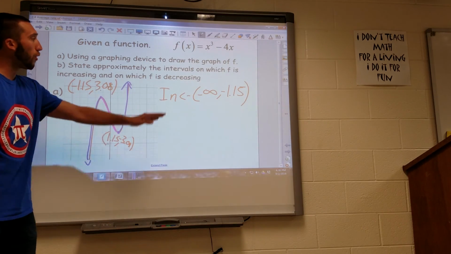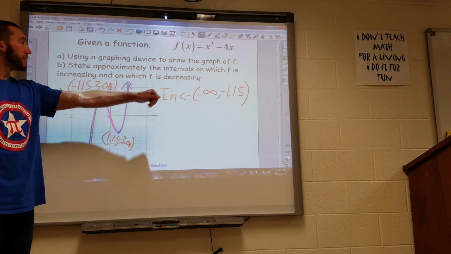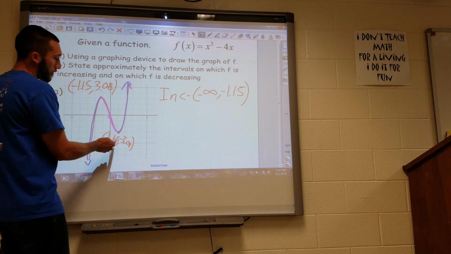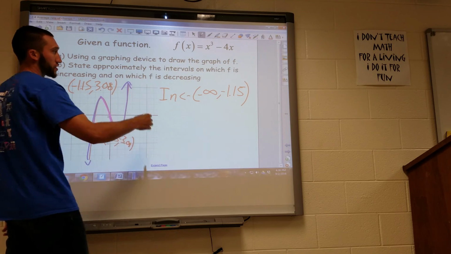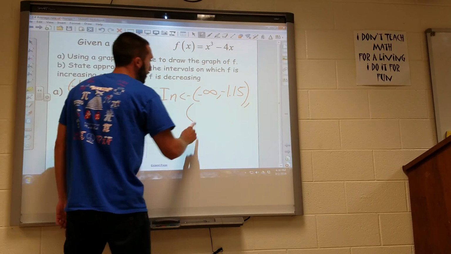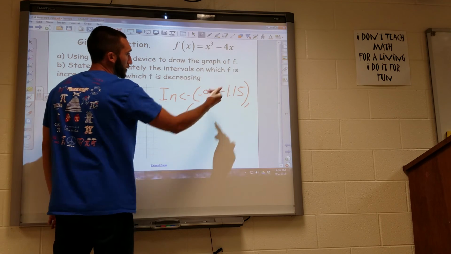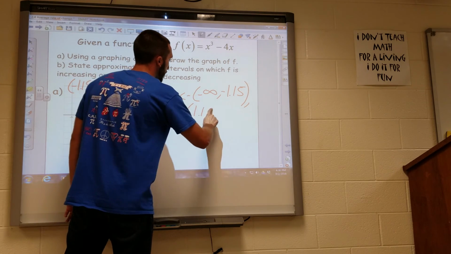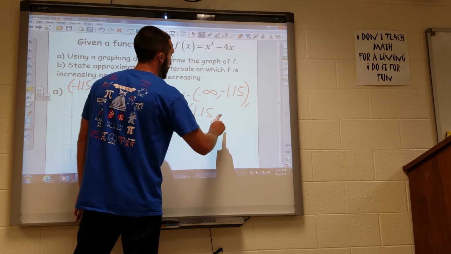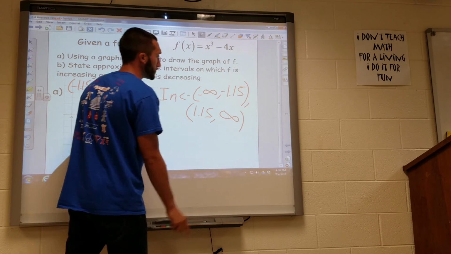Okay, but that's not the only time that I'm increasing. I'm also increasing from this point to positive infinity. So I'm increasing from negative infinity to negative 1.15. I'm also increasing from 1.15 to positive infinity.